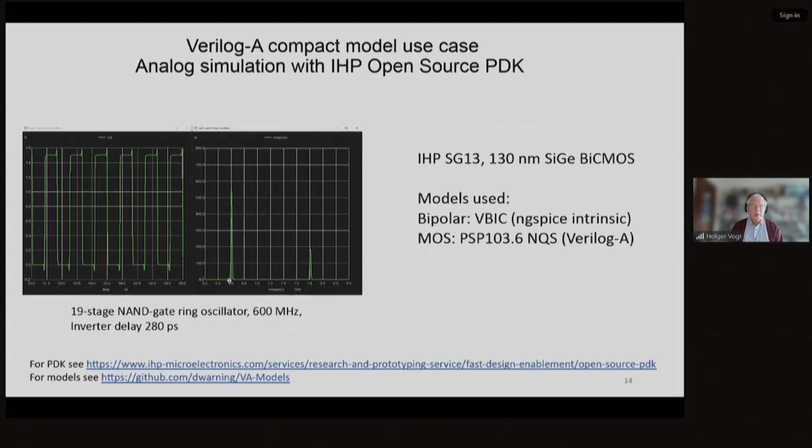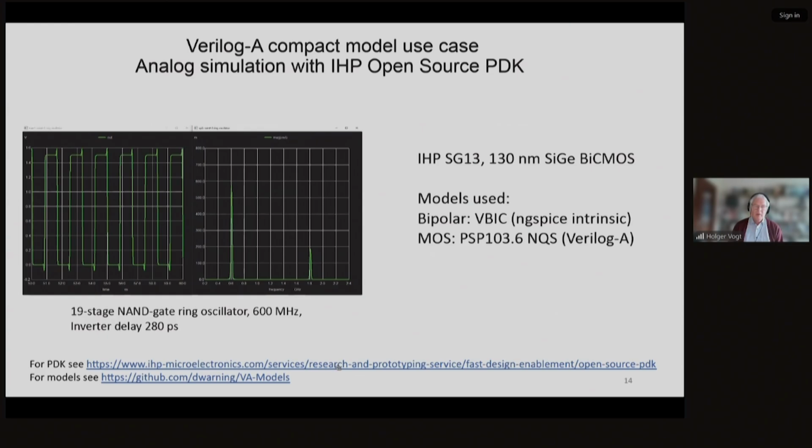It has its base frequency here at 600 megahertz, and then it has its third harmonic at 1.8 gigahertz, for example, because it's a rectangular output. The model we have been using here is the SG13 process, and the model is the PSP 103, so it is working.